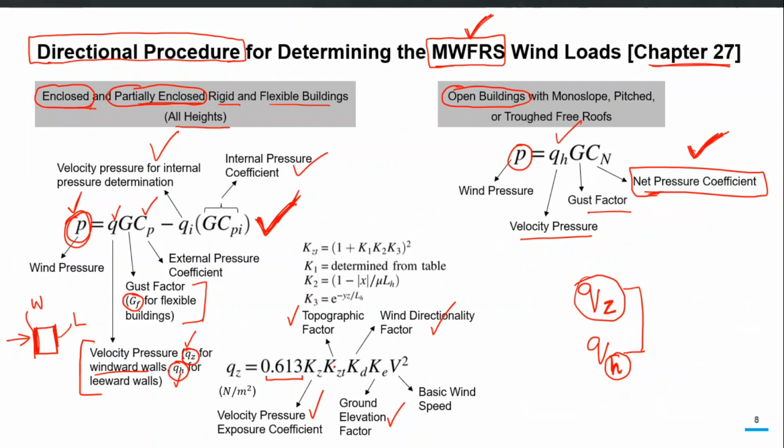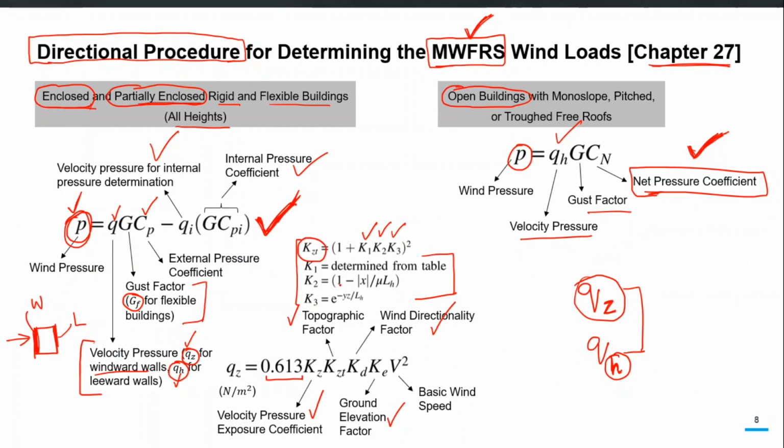For this particular topographic factor, it is again determined from these three coefficients K1, K2, K3, which account for different aspects of topography. So these K1, K2, K3 can be determined using a figure and a table, which I'll show you, and depending upon your particular case, depending upon the height of your escarpment or your hill or your ridge, you can determine these coefficients and then put that in the equation to calculate kzt.